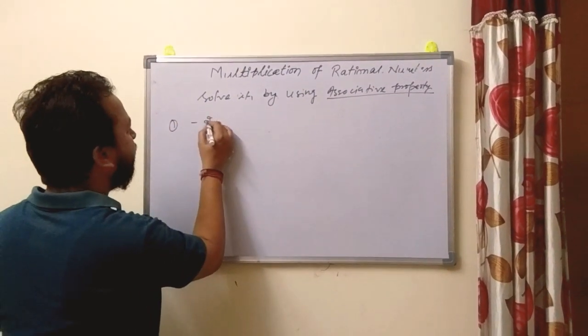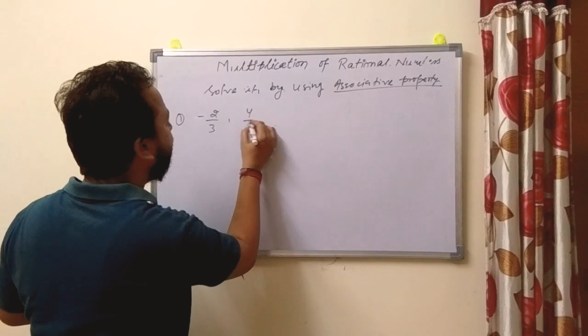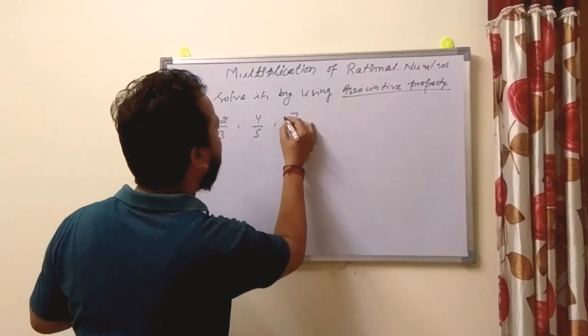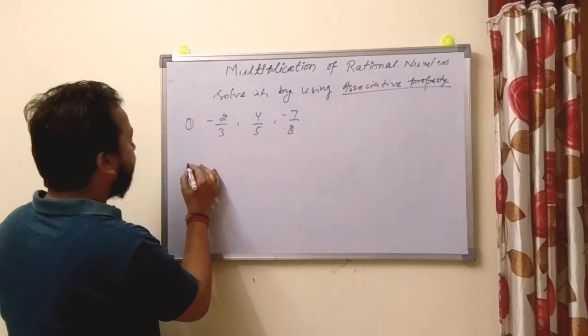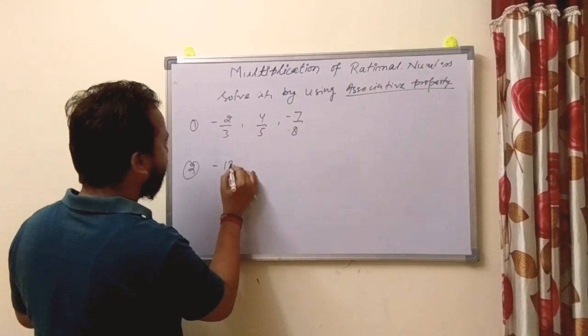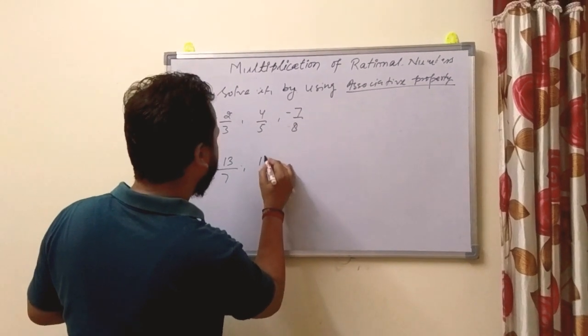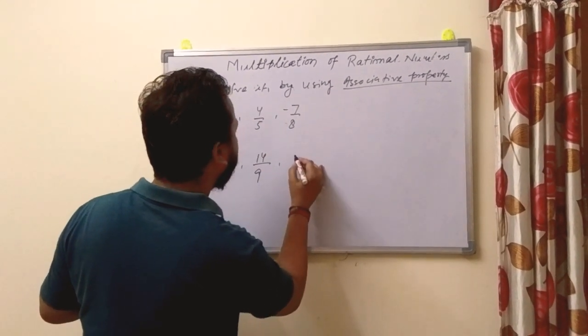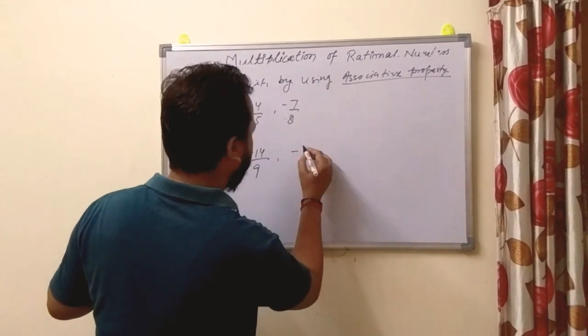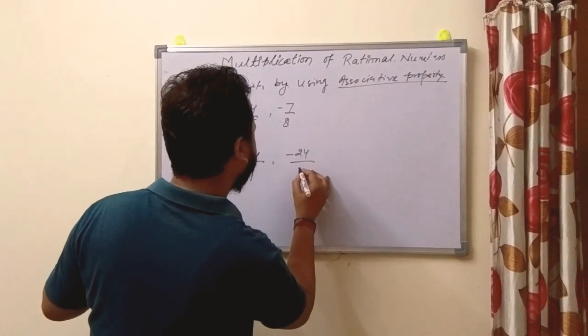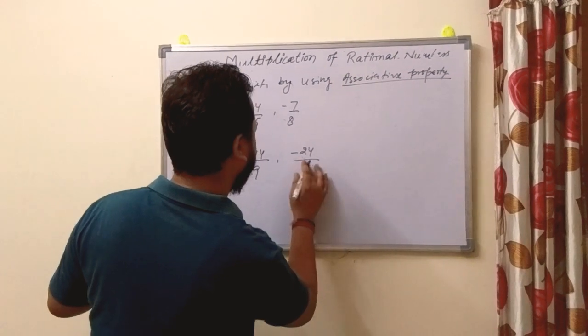First one is minus 2 by 3, 4 by 5 and 7 by 8 minus. Second one is minus 13 upon 7, 14 by 9, minus 14 upon 9 minus 24 by 11.